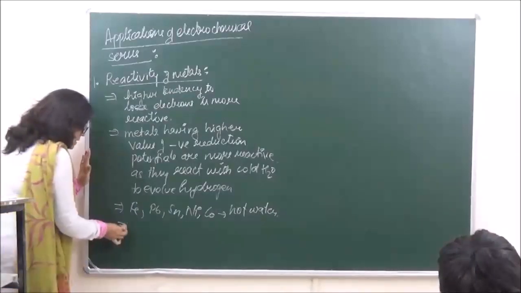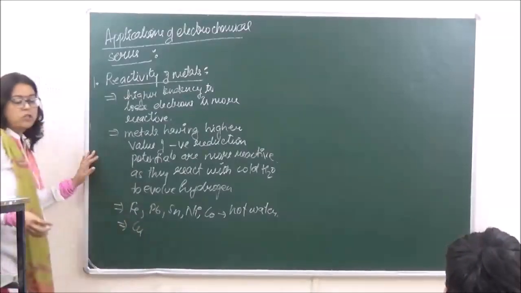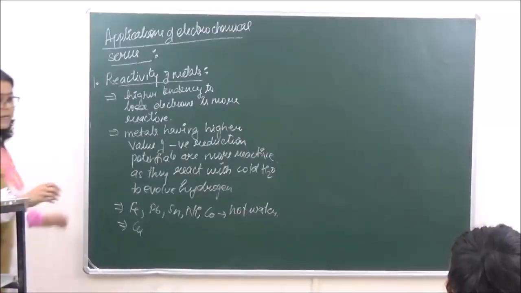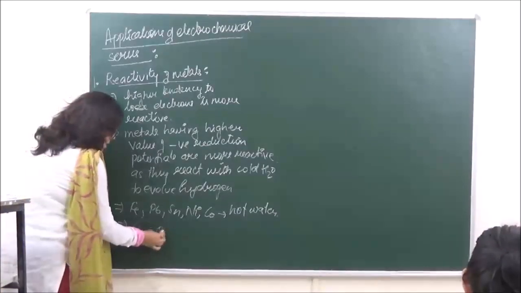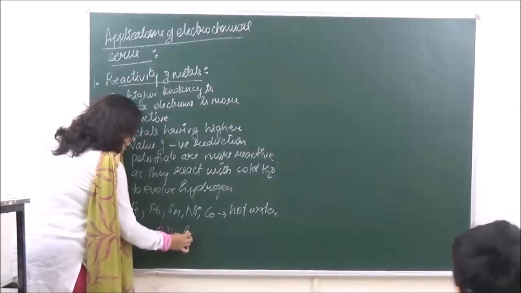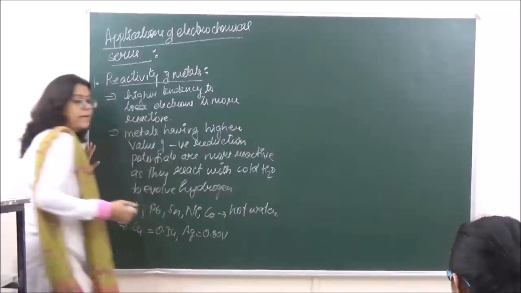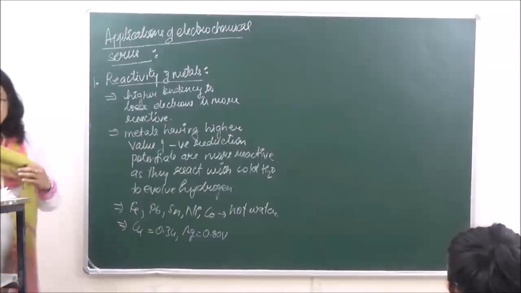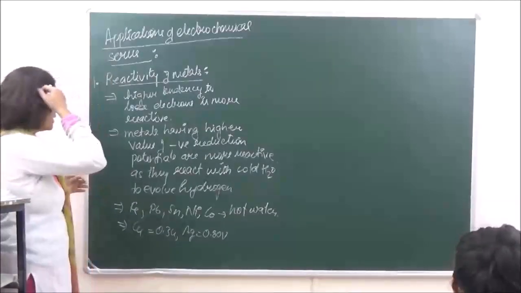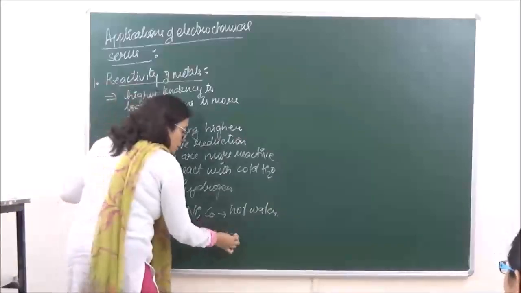Then there are still metals like copper, which has a positive value of reduction potential, 0.34. Similarly, Ag, which has a reduction potential of 0.80 volt. Such metals are going to be less reactive than hydrogen.